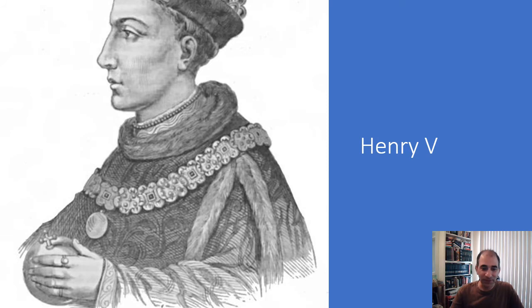This is Henry V, a very famous king of England. Shakespeare did a play on him. Very famous man, very powerful man, young, charismatic, full of energy, a great speaker. And so Henry V is going to become the King of France.